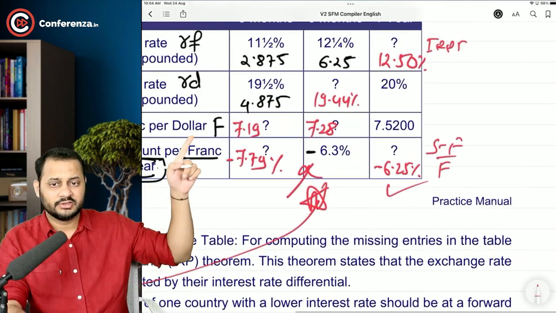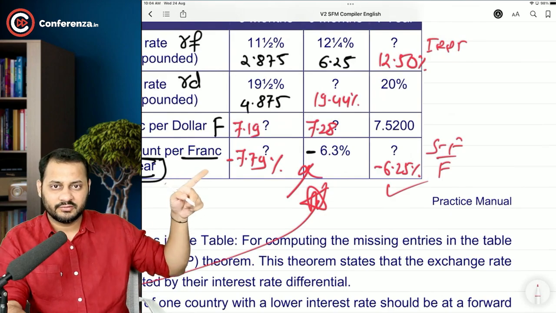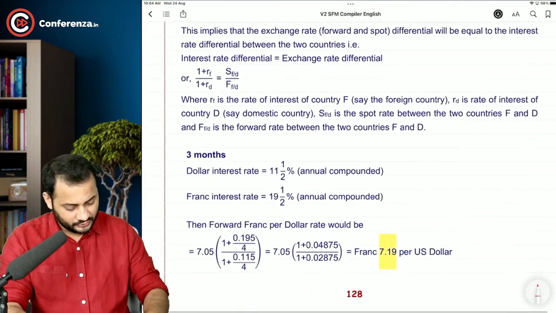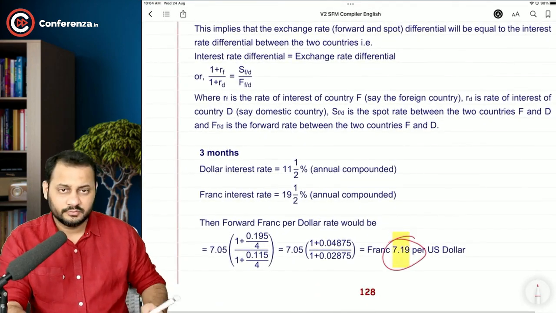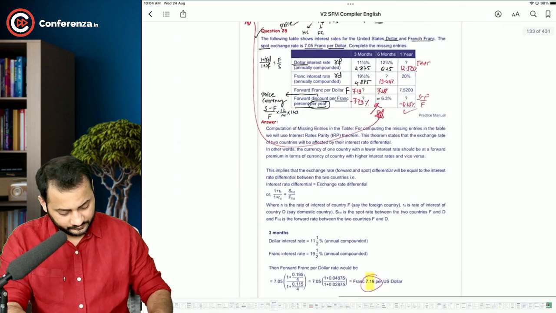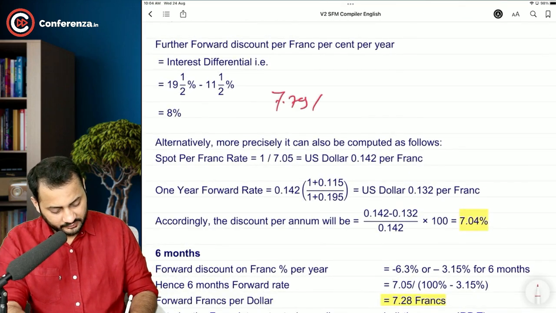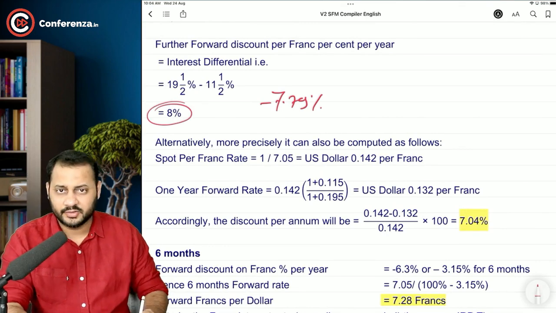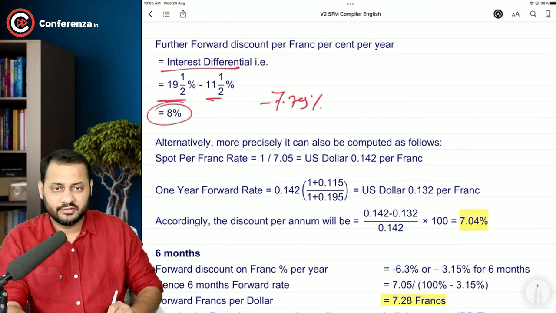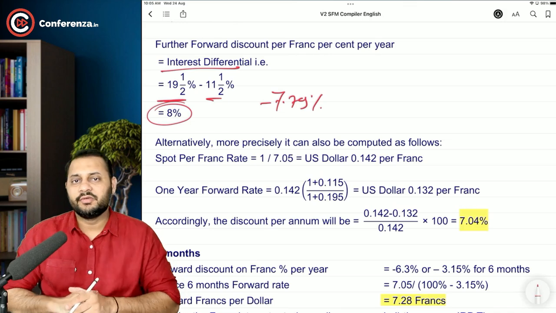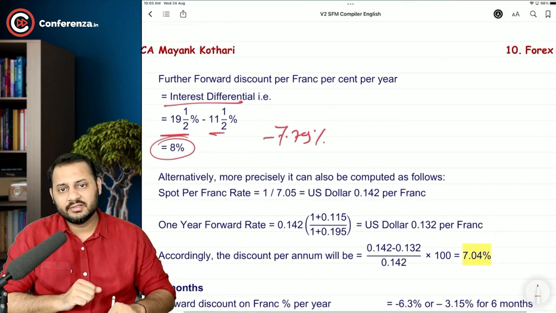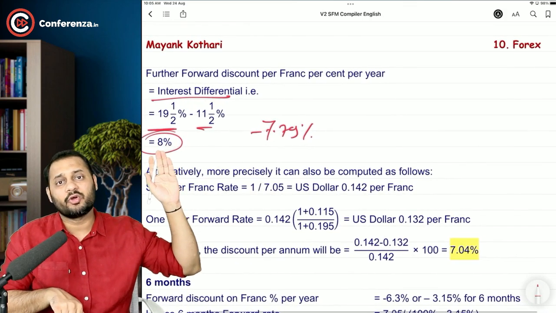For the first 3 months, the answers are 7.19 and 7.79% negative. So 7.19 is correct for the Institute, and instead of 7.79%, they have simply taken 8%. That means the interest rate differential, the difference between the two. So practically this is also correct, but it is approximately correct.